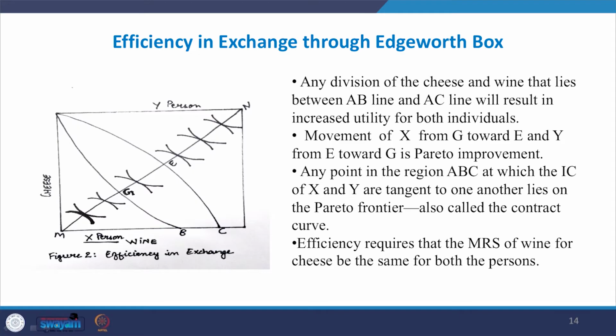So, any point in the region A, B, C at which the indifference curves of X and Y are tangent to one another lies on the Pareto frontier, and they are called the contract curve. Efficiency requires here that the marginal rate of substitution between wine and cheese should be the same for both the persons, and the marginal rate of substitution for cheese and wine is the same for both the persons at the point where the slopes of both the indifference curves are tangent to each other.